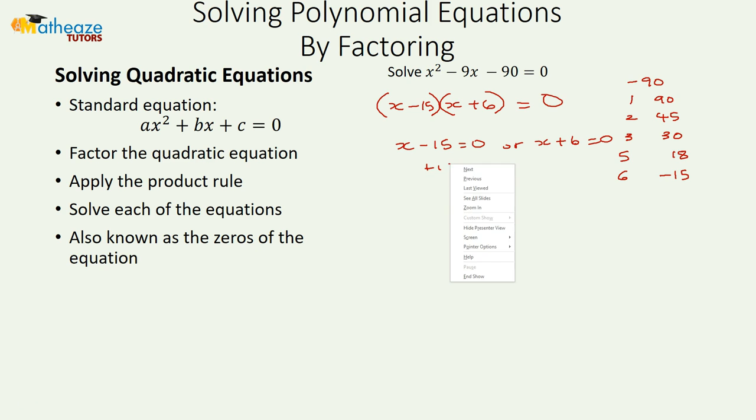So we add 15 here, we add 15 here. So x equal to 15. We subtract 6 on this side, so x equal to negative 6. So the values of x are negative 6 and 15.